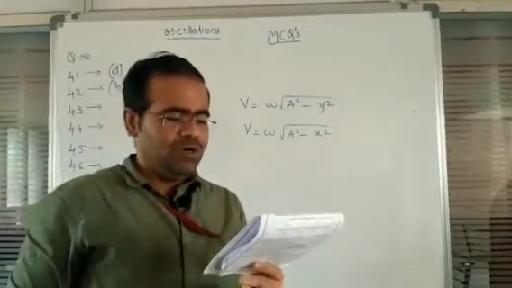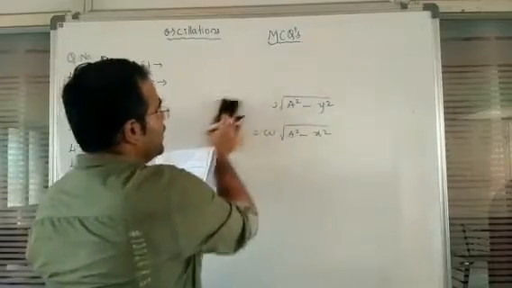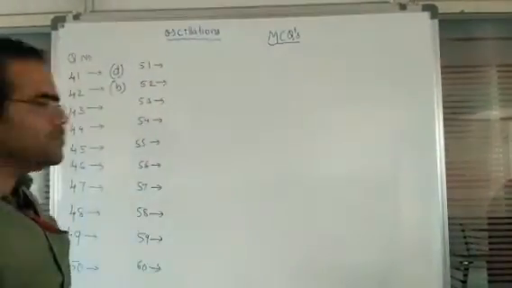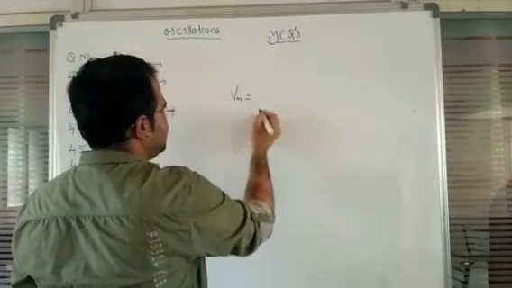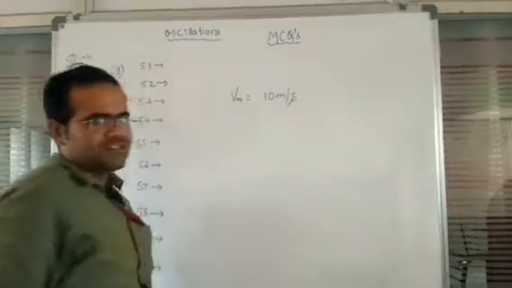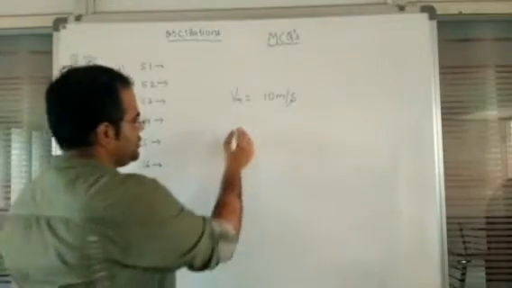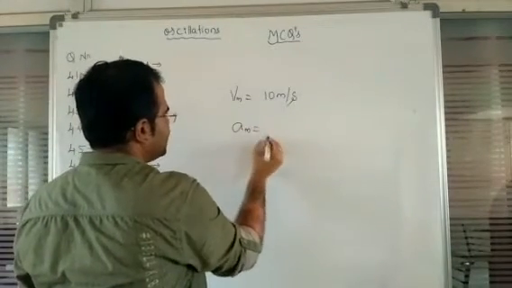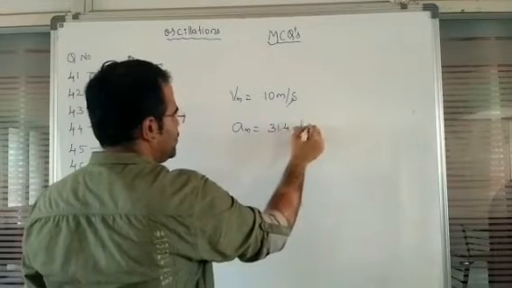Next, question number 43. The maximum speed of a particle executing SHM is 10 meter per second. So here V maximum is 10 meter per second, and the maximum acceleration is 31.4 meter per second square.